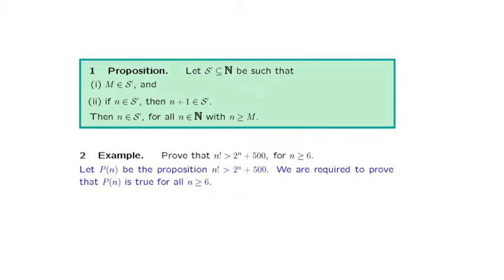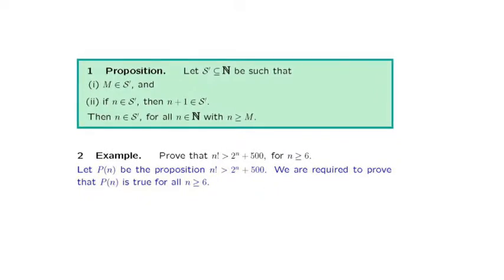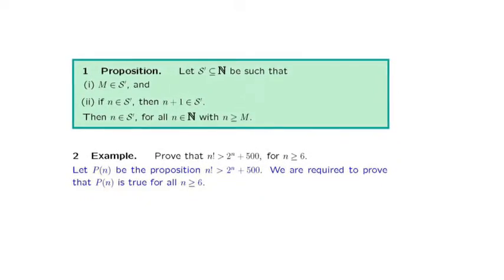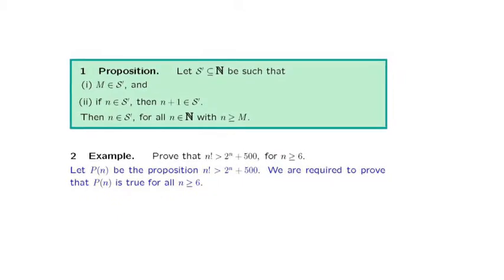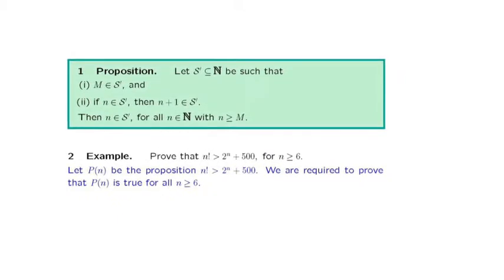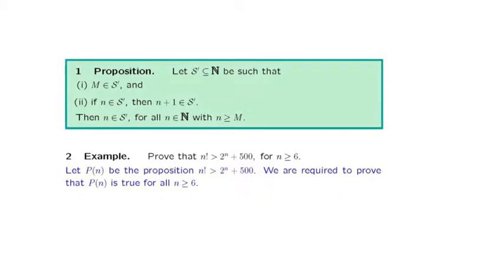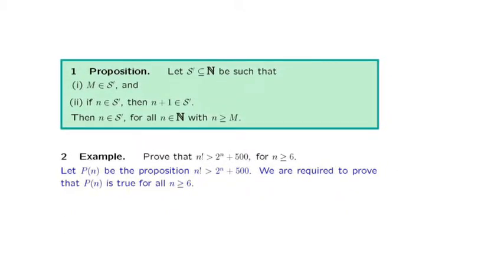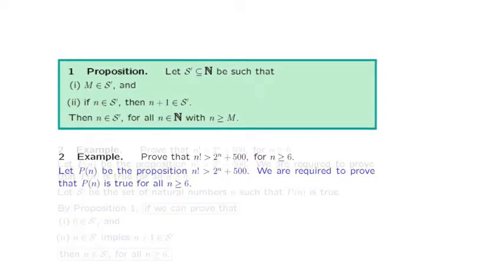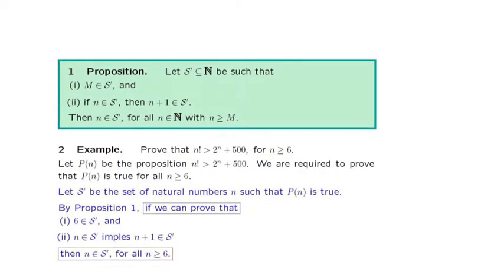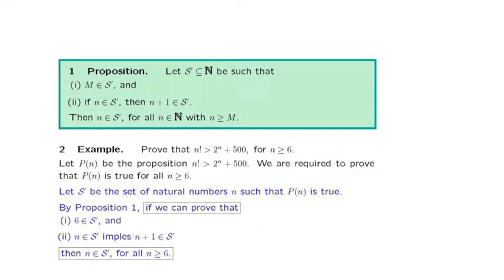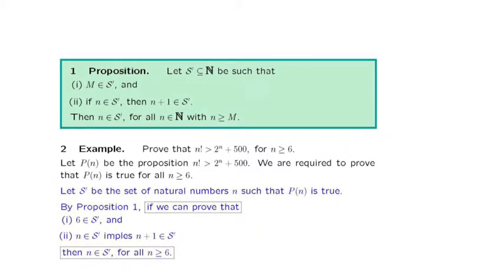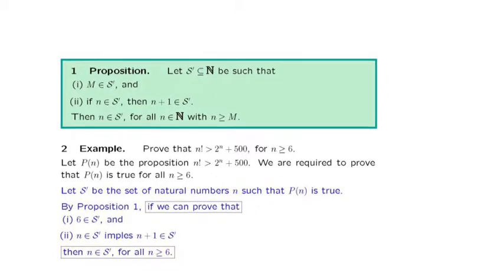We let Pn be the proposition n factorial greater than 2 to the n plus 500. And we are required to prove that Pn is true for all n greater than or equal to 6. We let S prime be the set of natural numbers n such that Pn is true.